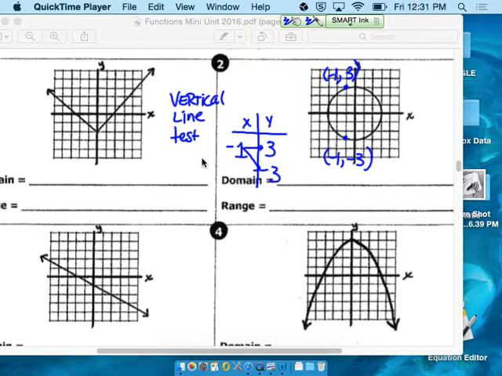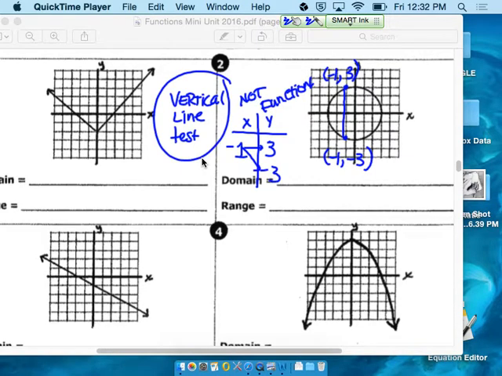So visually, the way to support that thought, when I have a graph, if I can plot 2 points and connect those points to make a straight line, a vertical line, then I assume that this graph is not a function. And that's just a visual support for the thought that if I have an x value that repeats with two different y values, this is considered not a function. And the line is called the vertical line test.